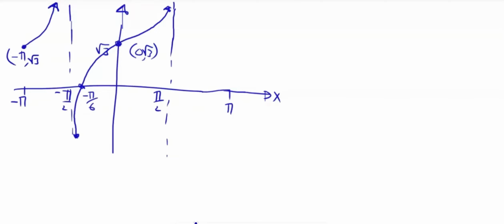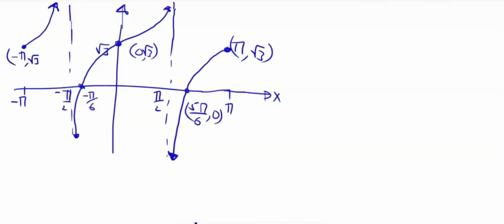Negative 7 pi over 6 is outside the given domain, so we're not going to include that. And our other x-intercept, let's indicate our endpoint, which was along this side here. So that bit finishes that end. That's going to be pi, square root 3, and this was 5 pi over 6, and the y is 0.